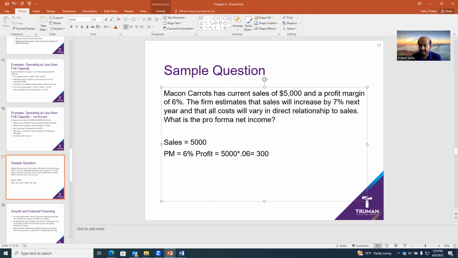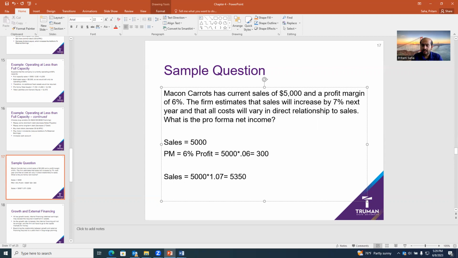The firm estimates that sales will increase by 7% next year. So this is the current year, and next year's sales should be 5,000 times 1.07. So that should be 5,350.